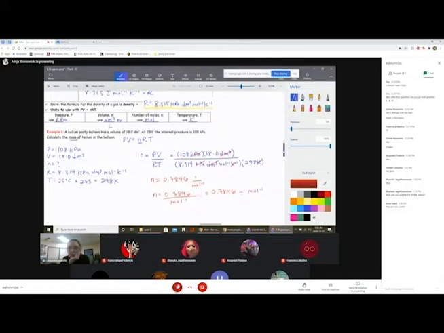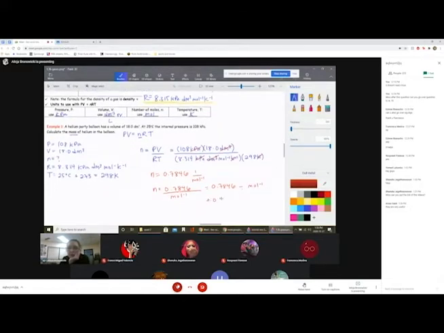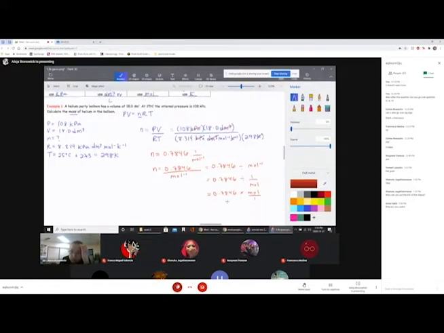When you have a -1 like that, it's 0.7846 divided by 1 over a mole. That's what a -1 means. But when I'm dividing with fractions, I have 0.7846 times 1, which is just 0.7846 moles. So I do end up with the unit that I'm looking for. All my other units have canceled.